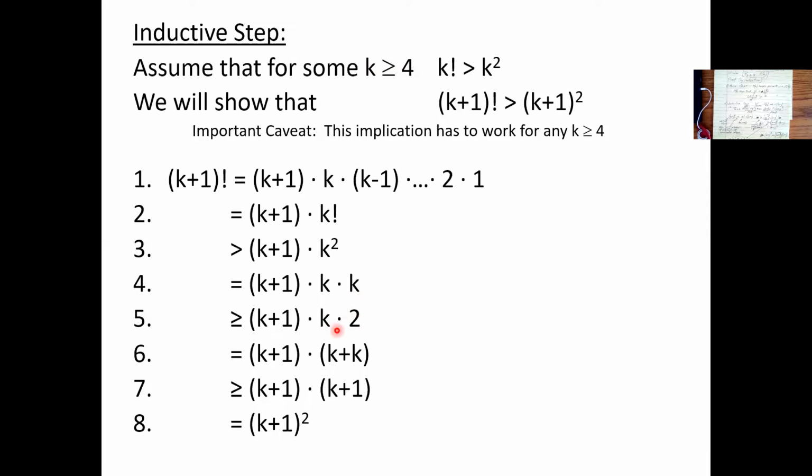At this point, you can replace 2k by k plus k, and at this point you can also bound k from below by 1, because k is greater or equal to 1 since it's greater or equal to 4. So these are the direct steps you could use. The whole point here is to show that k squared is at least k plus 1, which is an obvious thing that you can show in many ways.